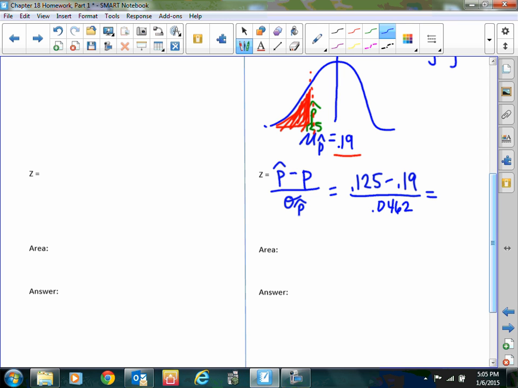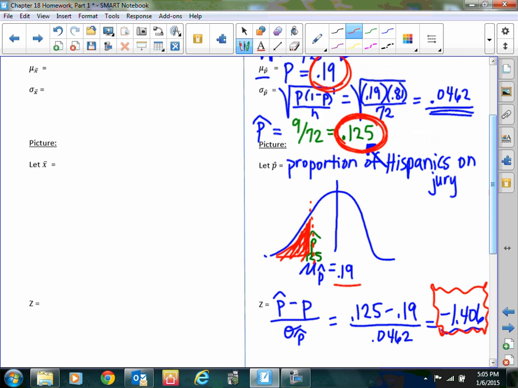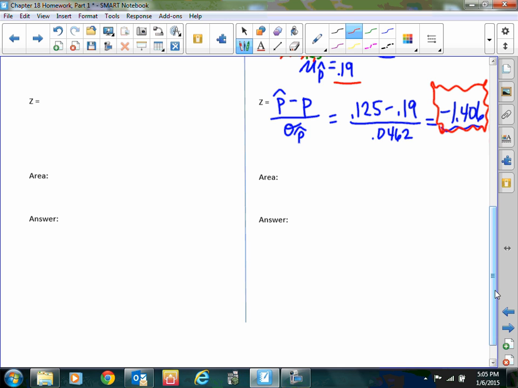That Z-score is negative 1.406. So right now in your mind, you should have an understanding as to whether or not this sample of 0.125 is unusual. And is it? And that answer is, it is not unusual.